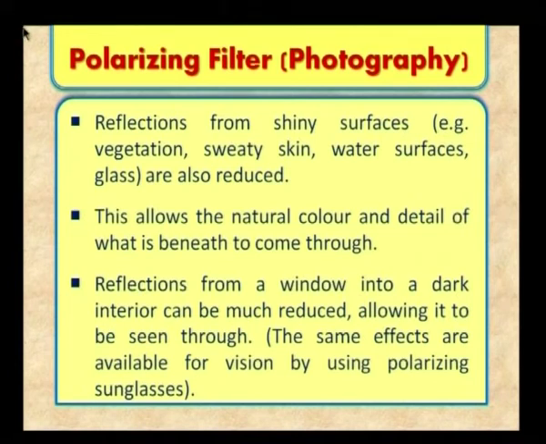This allows the natural color and details below the surface to be seen. Reflections from a window into a dark interior can be much reduced, allowing it to be seen through. I am showing them in the slides later. The same effects are available for vision by using polarizing sunglasses.